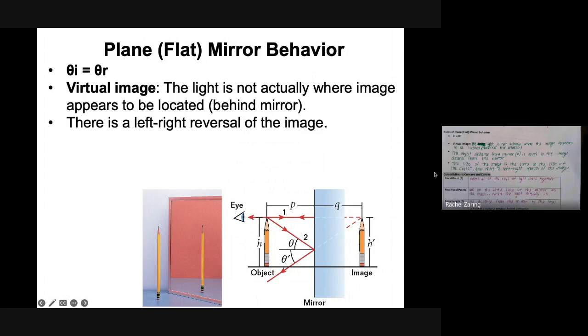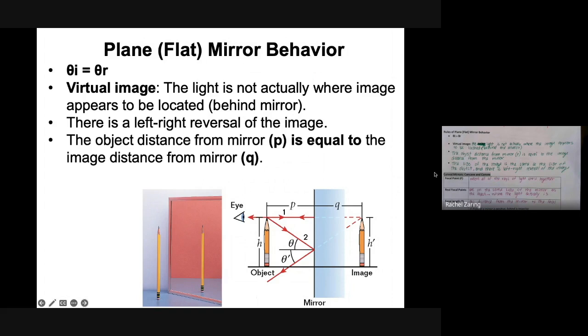Some other important rules about plane mirrors that you learned in your introductory video is that there is left to right reversal of images. That one you don't have to write down as much, but what I do care that you have written down are the new terms we just labeled on our warm-up drawing, P and Q. The object distance from the mirror is what we call P, so the distance from the object to the mirror.